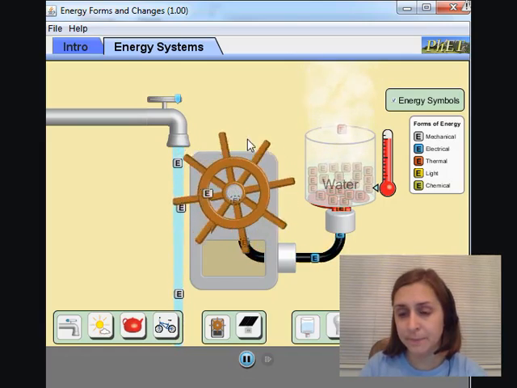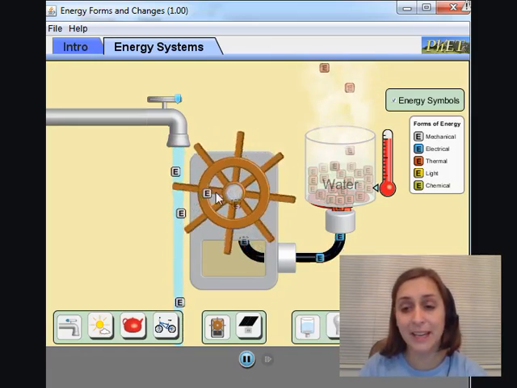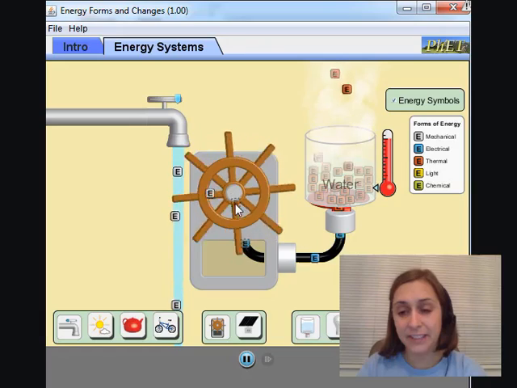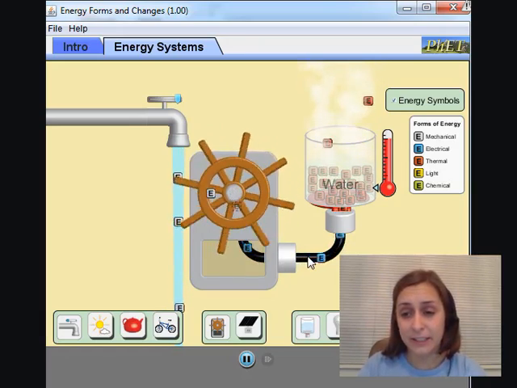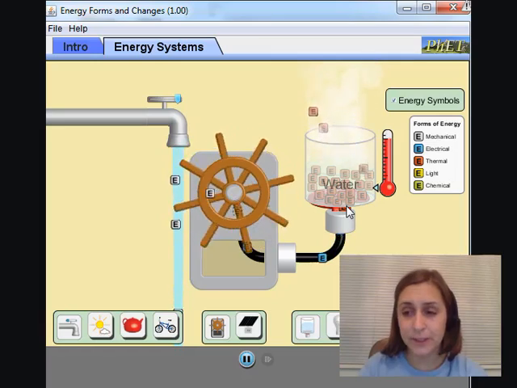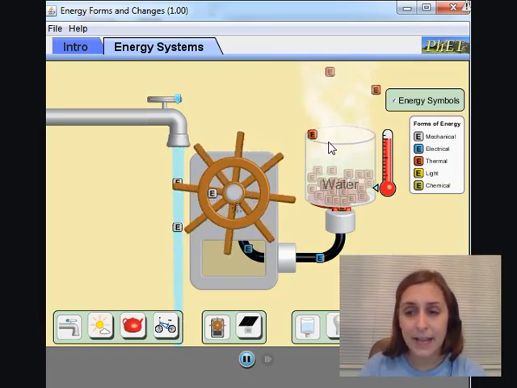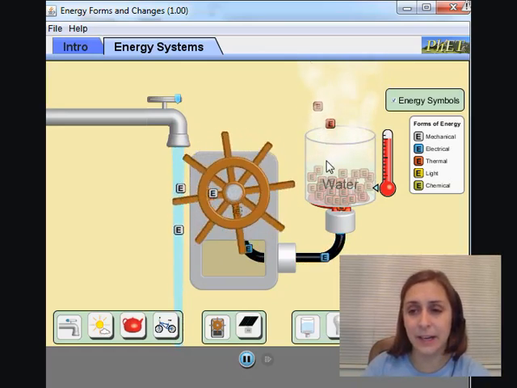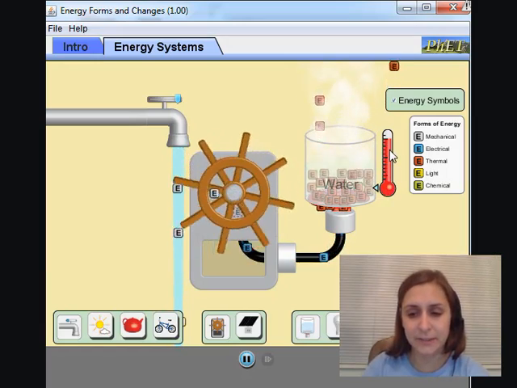The turbine spins with mechanical energy and generates electrical energy as it works. That electrical energy travels through a wire to the heating element under the water heater, creates thermal energy in the water, and as the steam is released into the air, thermal energy leaves with it. You can see the temperature has increased.